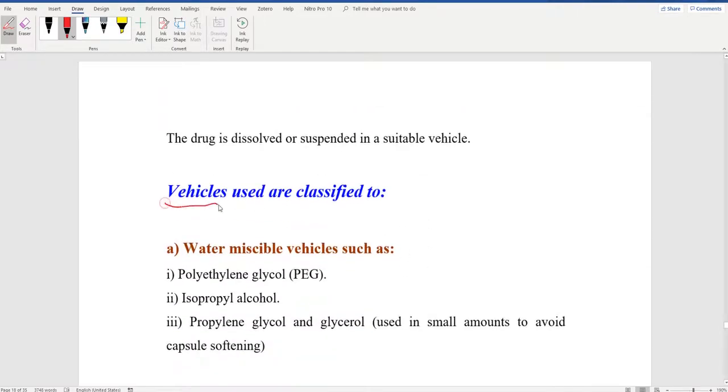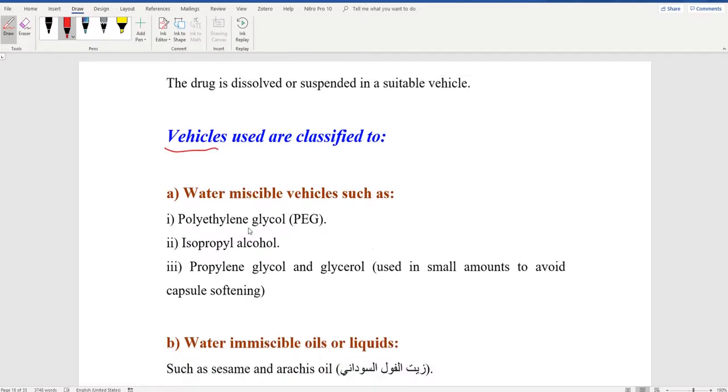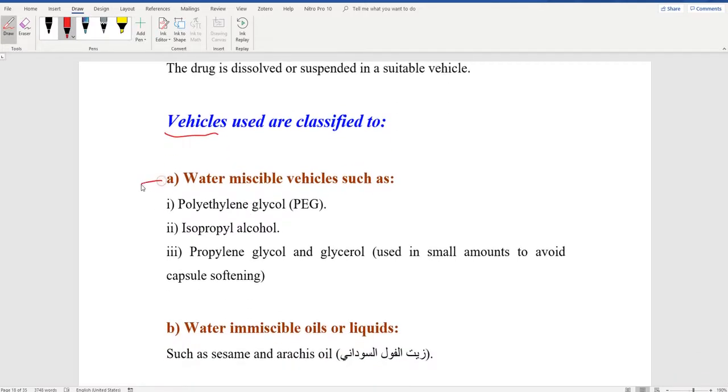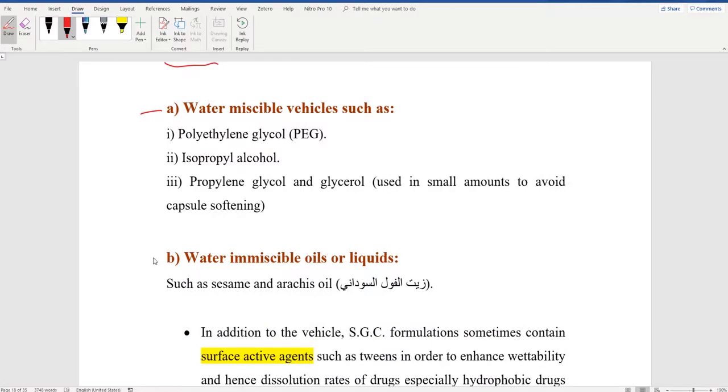Okay, let's talk about the vehicle. Now, the vehicle can be classified into water miscible vehicles and water immiscible vehicles. Water miscible vehicles such as polyethylene glycol, which is PEG, which is water miscible. It can be isopropyl alcohol, also water miscible. It can be propylene glycol or glycerol, which are water miscible.